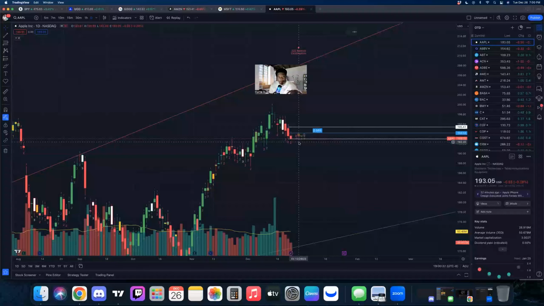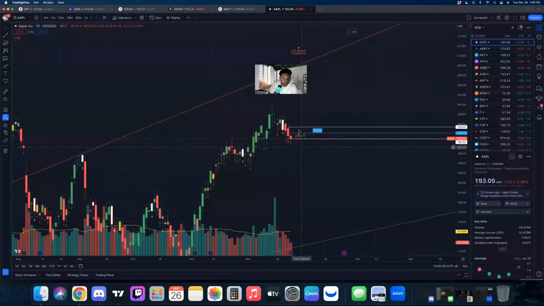It's a lot harder than just drawing a line, but it does give you a better indication of where support and resistance is going to lie, because it's not always going to fall directly on a dollar amount or a specific point like $195.50. It won't always hit that. So what you want to do is draw a rectangle for your support and resistance.